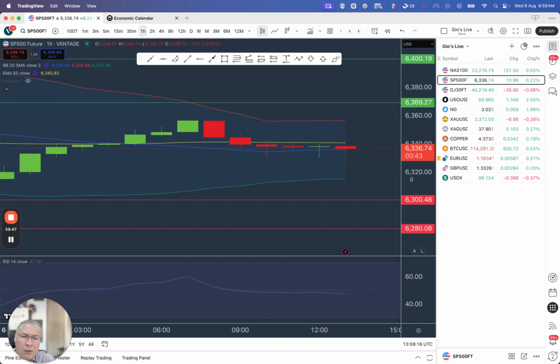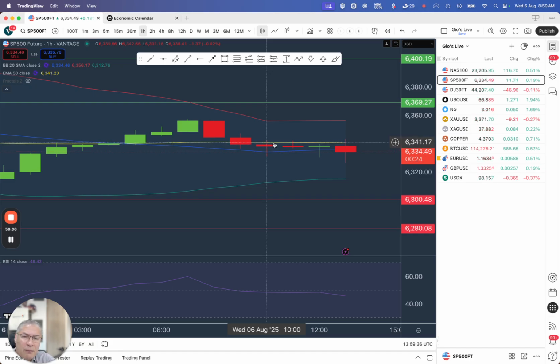In this 1 hour, it's been red for about 30 minutes, but you see how in this hour the 50 moving average has been spot on.